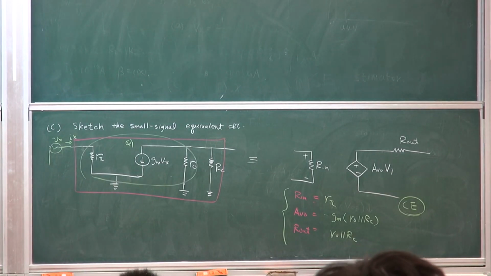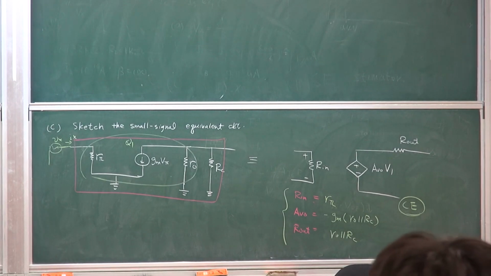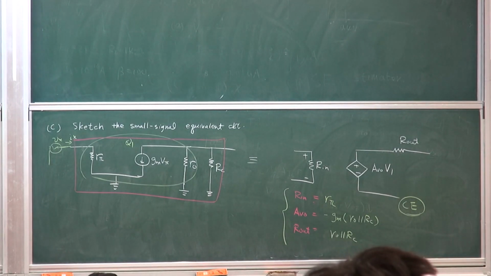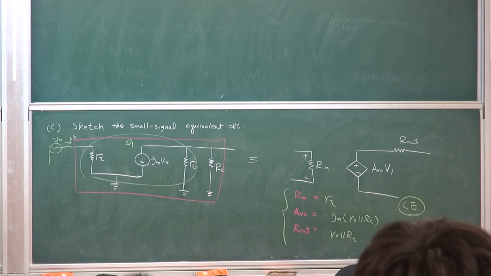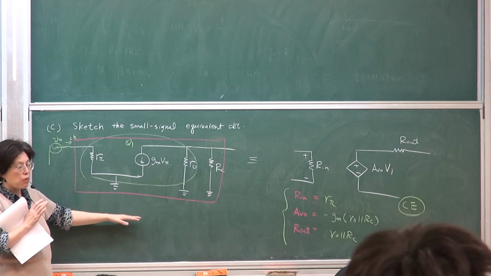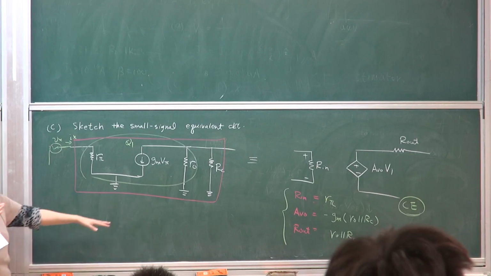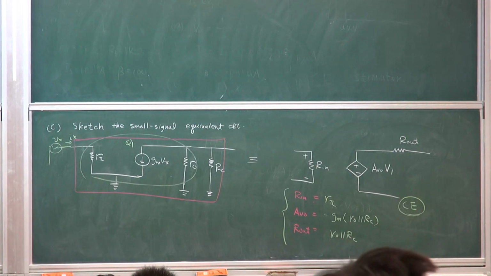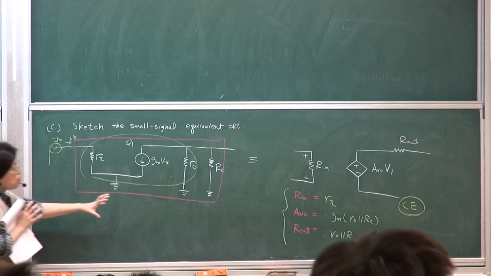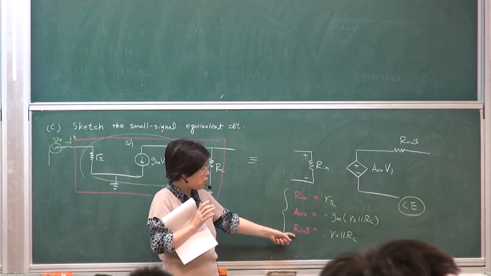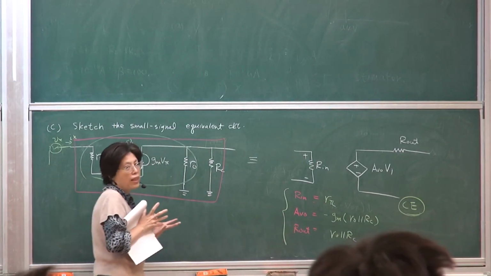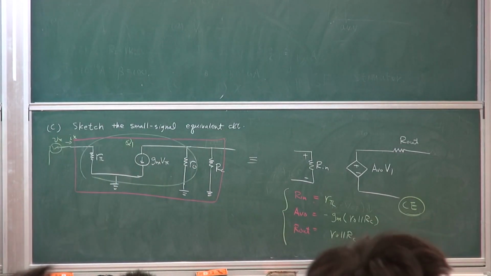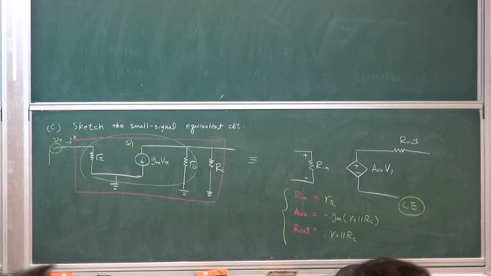As I said, a typical question for a single stage amplifier is that you start by picking where you're going to stand, and you set the bias point. How do you set it? Once you set it, the next question is to find its input resistance, output resistance, and voltage gain. So you simplify the overall circuit with this model to understand the input, output, interfacing, and its intrinsic gain. More like an intrinsic gain, because open circuit is the maximum gain you can get out of a single stage amplifier.